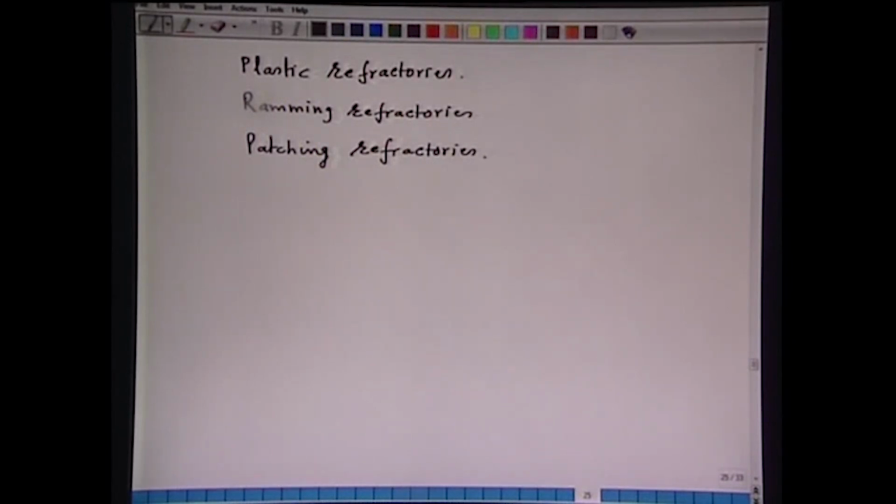Now, here the material plus binder, this mixture which has been formed through material and addition of a binder, should have sufficient plasticity so that it can be rammed at a particular place.